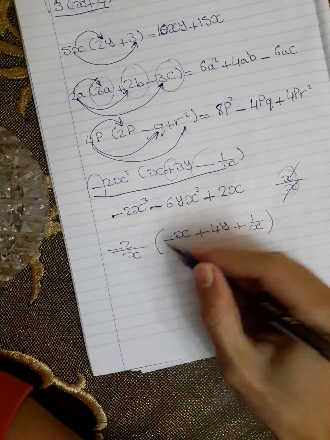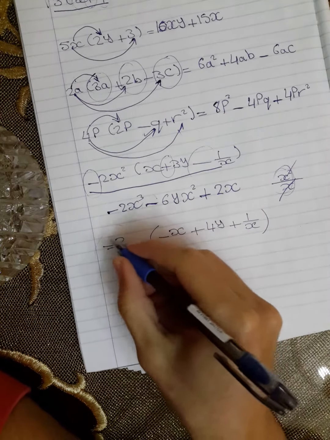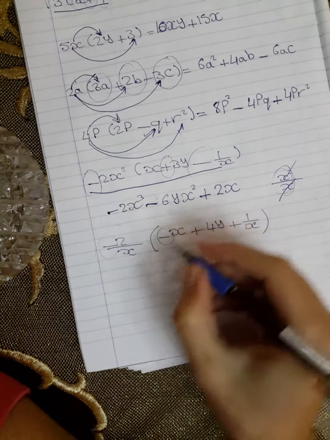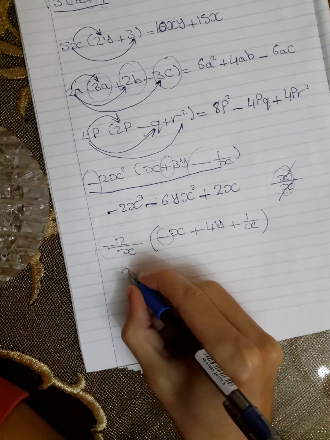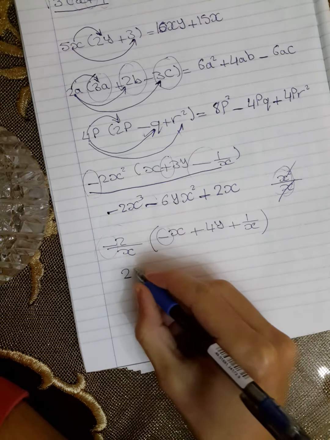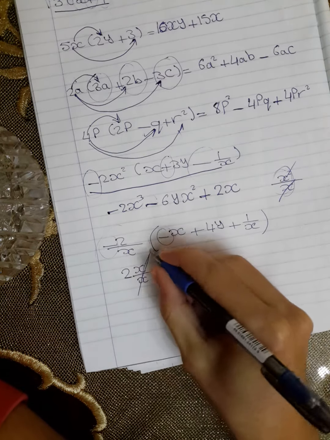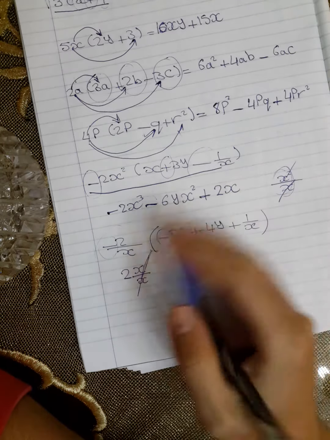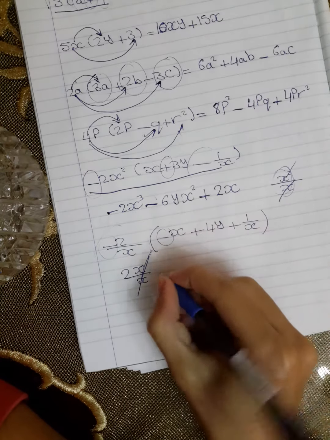Another problem just like that. So you have a negative and a negative. So negative times negative is a positive 2. What did I do now is x over x, the two x's cancel each other.